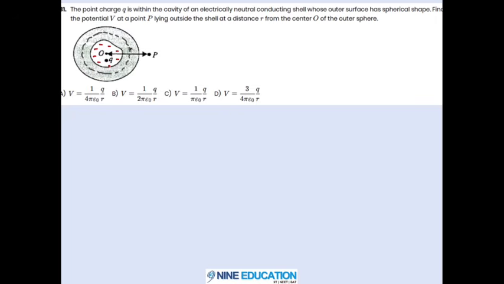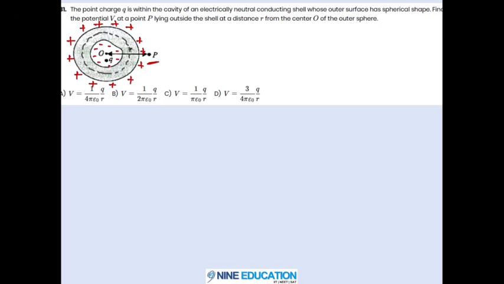And the total metal is neutral, so even after charge induction it should be neutral. So in order to compensate that negative charge, there will be some positive charge induced on the surface of the metal, like this. Now since the outer surface is symmetrical, it is spherical in shape, the charge distribution is also uniform. With respect to point P, these charges, the Q inside and this negative induced charge inside, will not play any role.